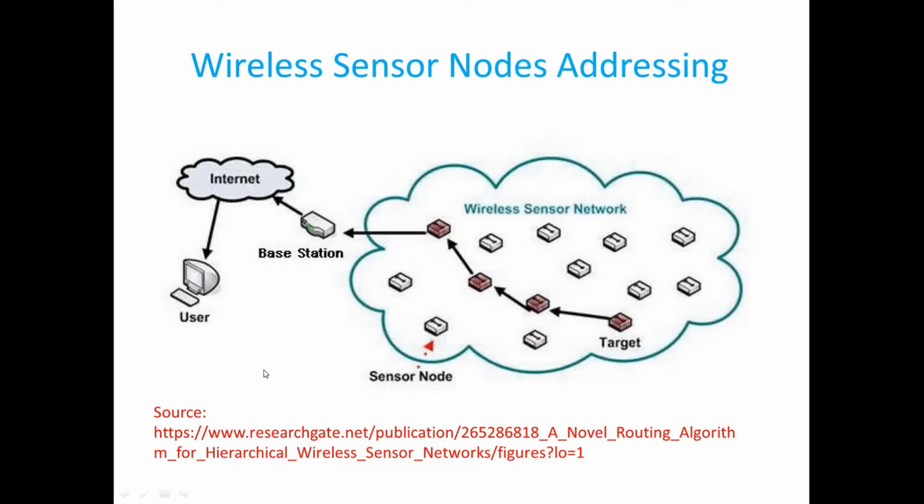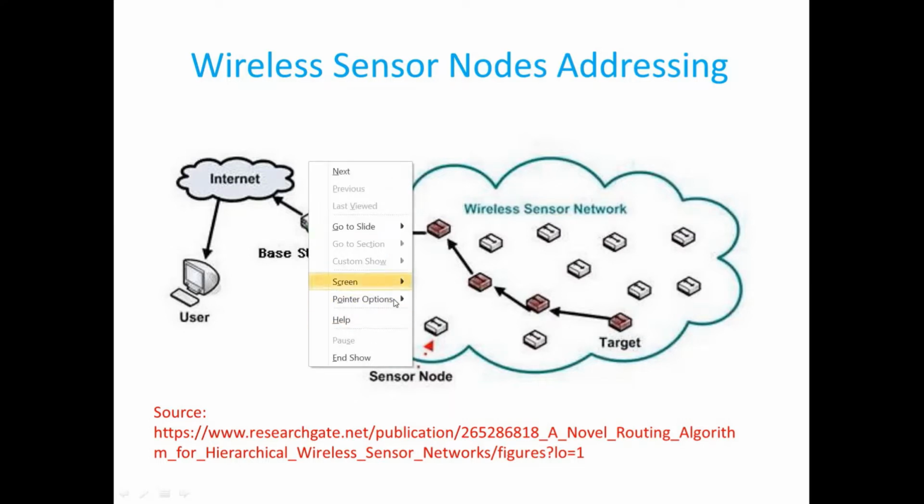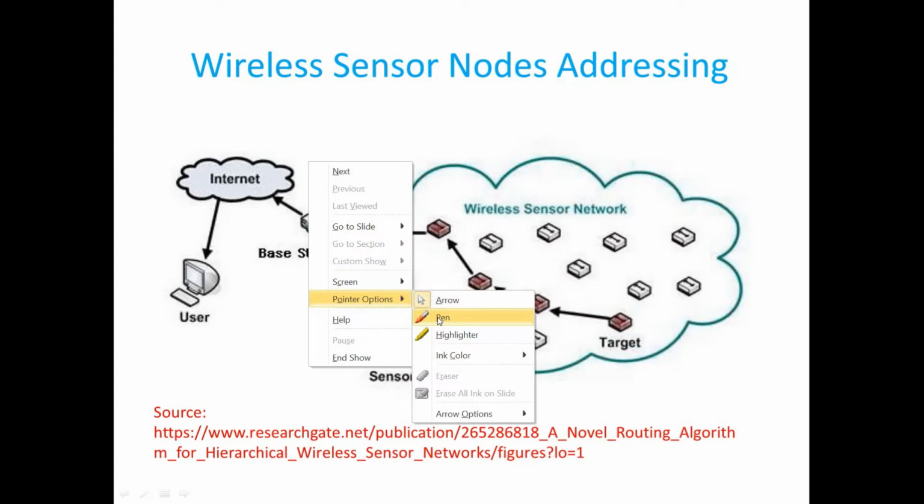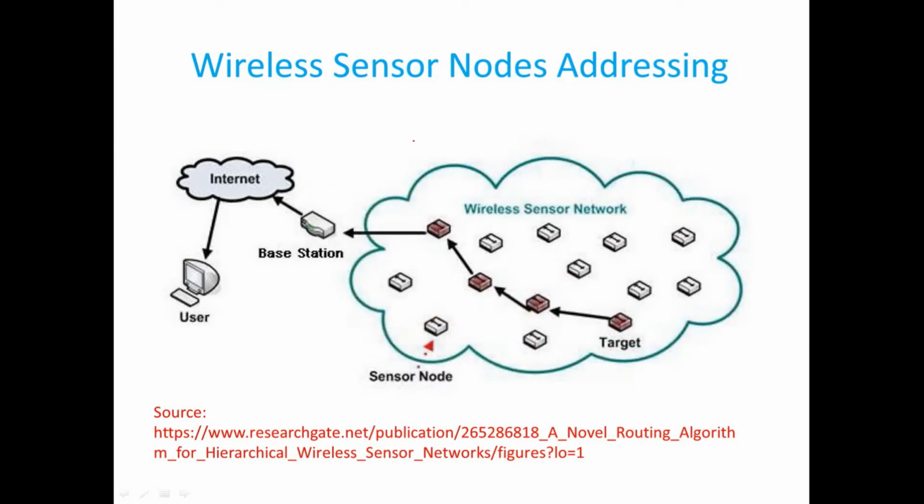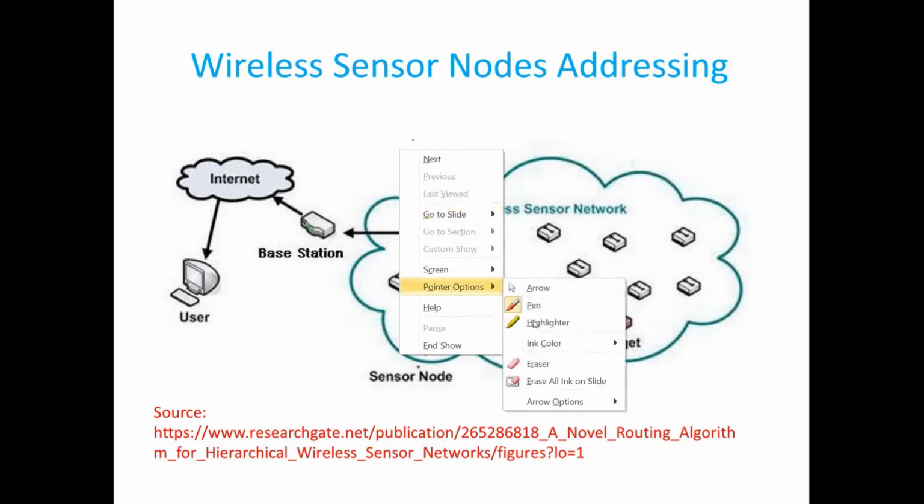For example, here we have an example of a wireless sensor network. I took it from this source. Let me activate the pen. So here we can see this is our wireless sensor network. Let's use the highlighter.